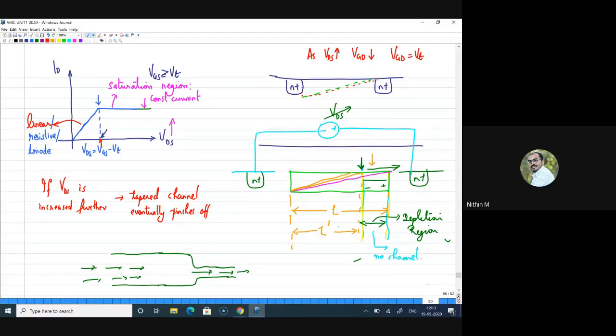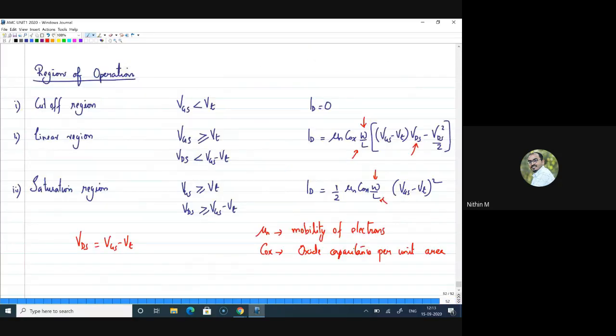Instead, we always refer to it as the edge of triode region or edge of saturation region. That means we consider this in both cases. From this point onwards we will consider it in the saturation region. So we usually define this as the edge of saturation region, or sometimes we call this the edge of triode region also. Both are true.